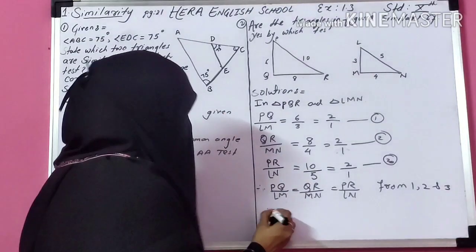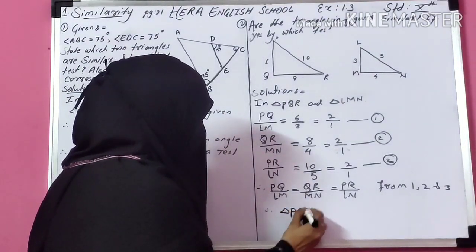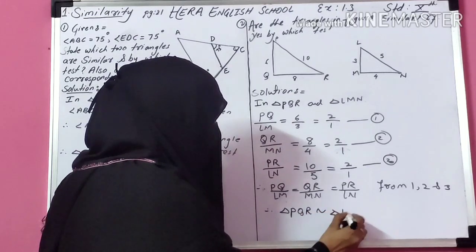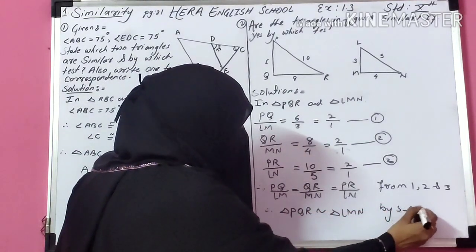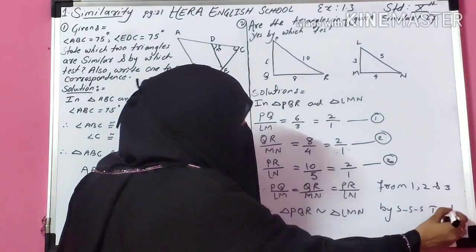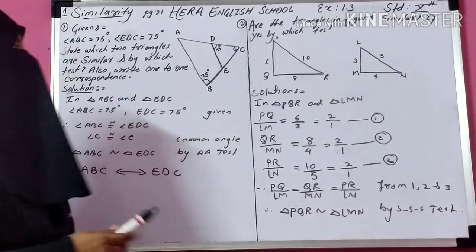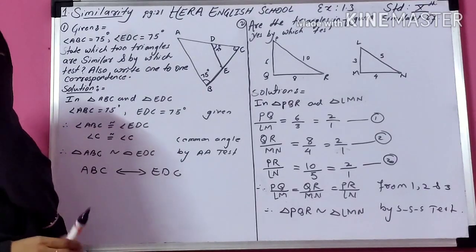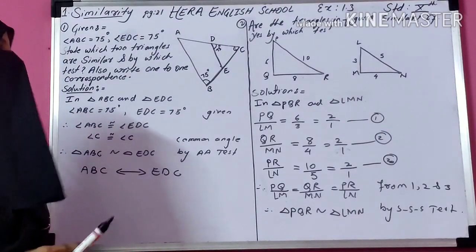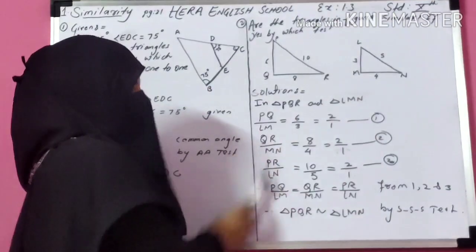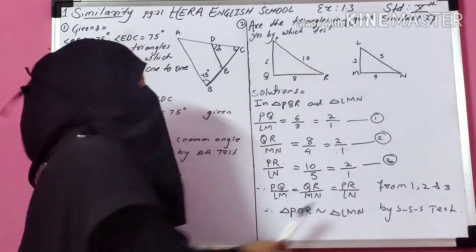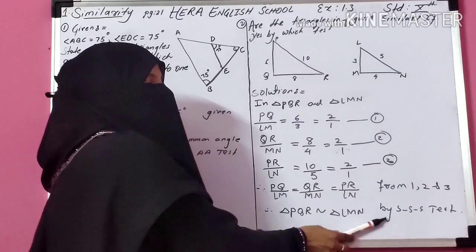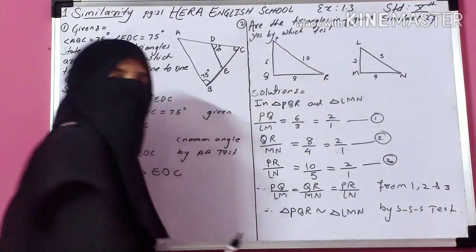So triangle PQR is similar to triangle LMN by the SSS test of similarity. These two triangles are similar by the side test, because the ratios of the corresponding sides are equal. If the ratios of corresponding sides are equal, then the triangles are similar by the SSS test of similarity.